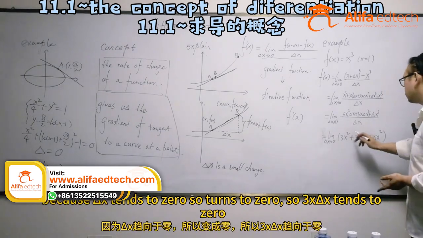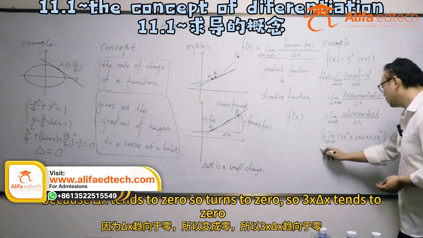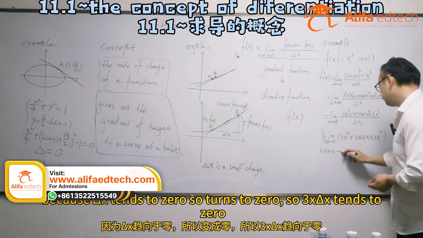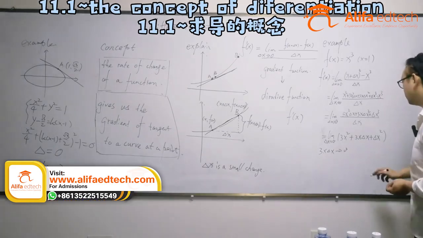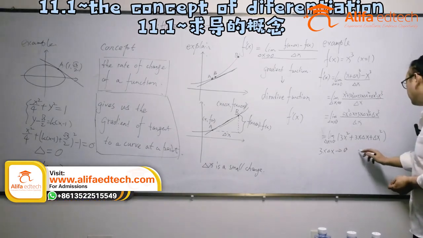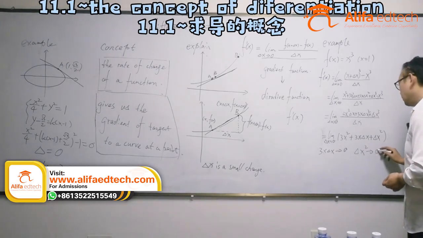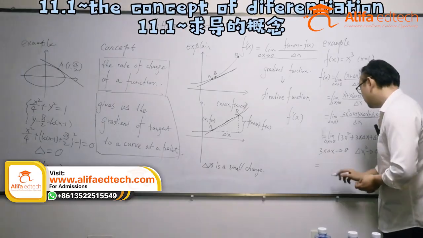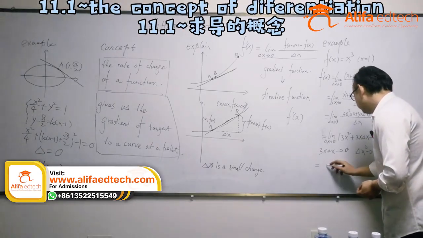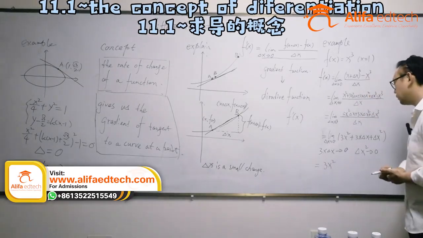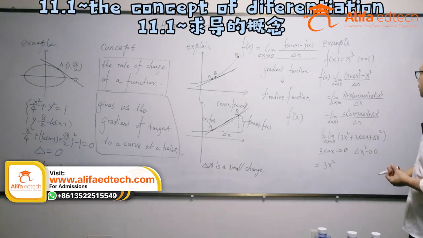Because delta x tends to 0, 3x delta x tends to 0, and delta x squared tends to 0. So we get 3 times x squared.